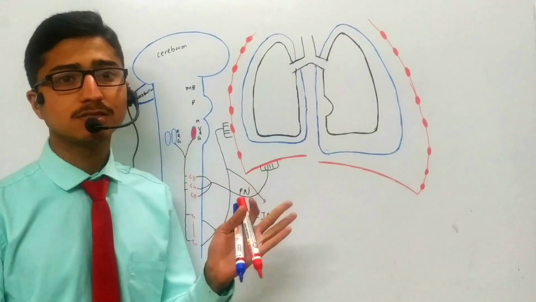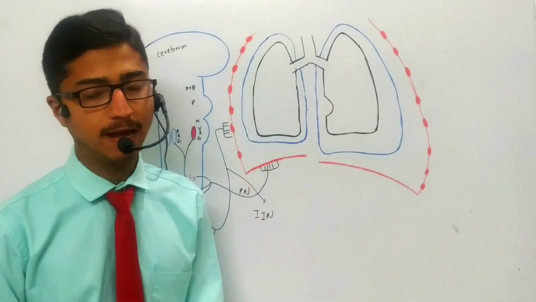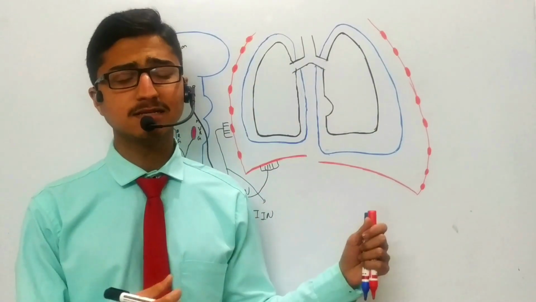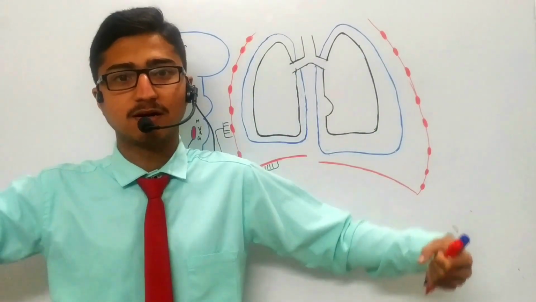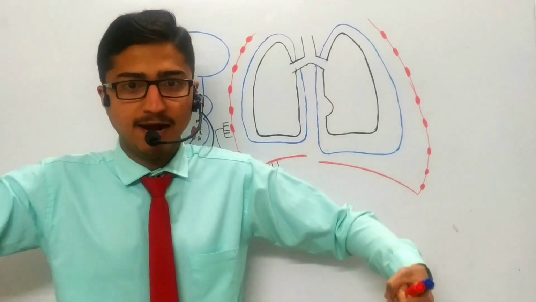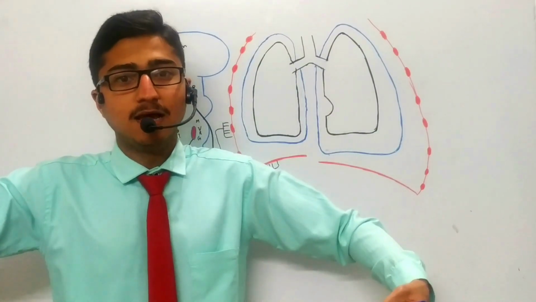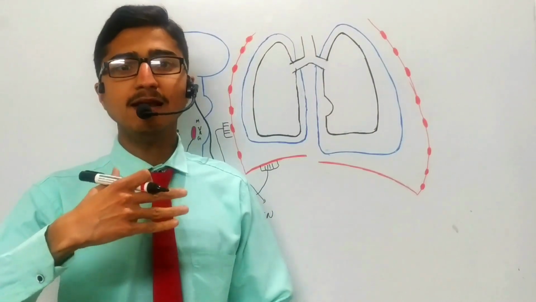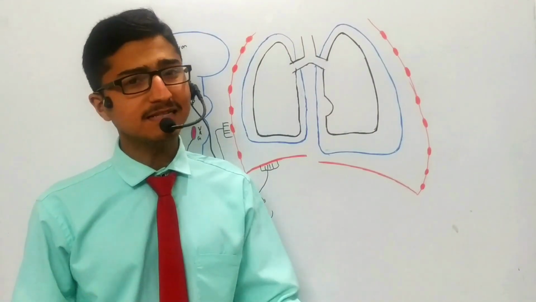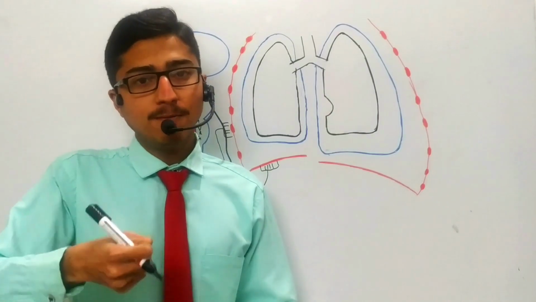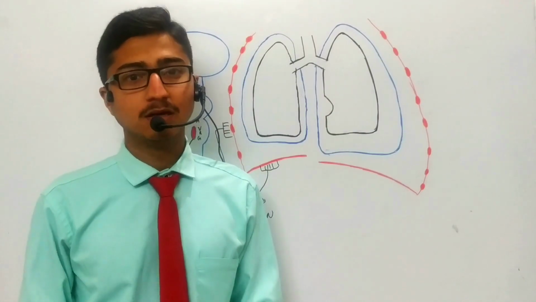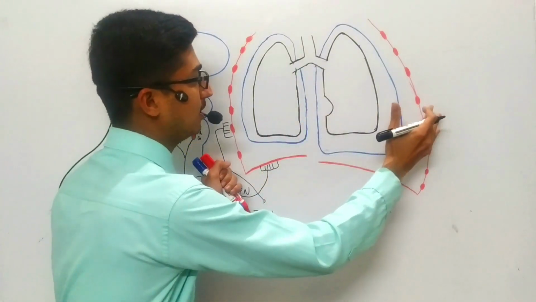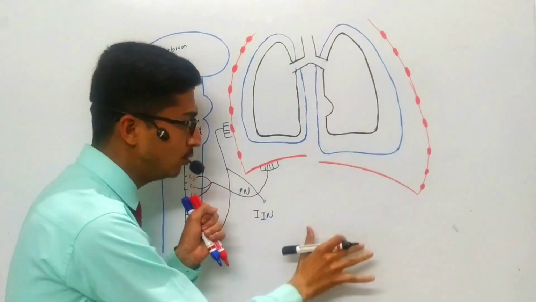As they move outward, the thoracic cage enlarges, and this is known as the bucket handle movement, as if we are holding and taking up our buckets. Due to this, the sternum also moves upward and slightly outward, and this movement is known as pump handle movement. So as you can see, the thoracic cage enlarges and the diaphragm moves downward.